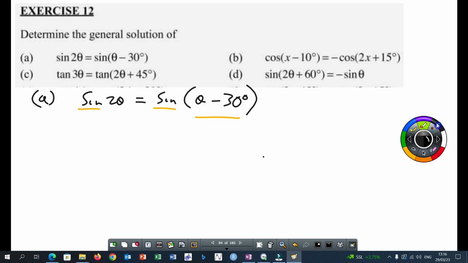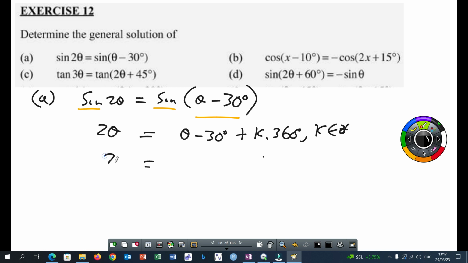Your reference angle will be the angle on the right hand side. So I can move straight away to my general solution, so this becomes 2 theta. The sine and the sine fall away, and then you end up having theta minus 30 degrees. That's my reference angle. Then I'll add k times 360 to it. Remember, in this case, if theta is more than 30 degrees, then we are in the first quadrant.